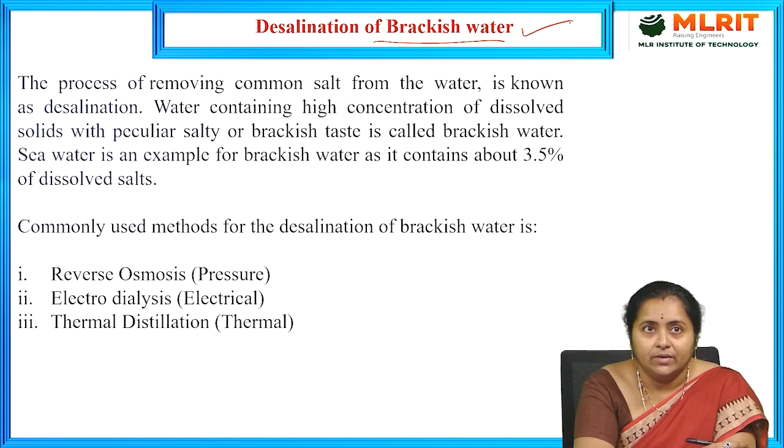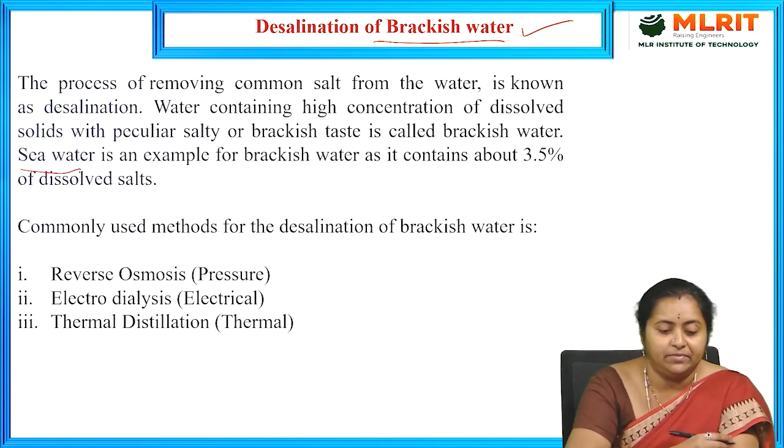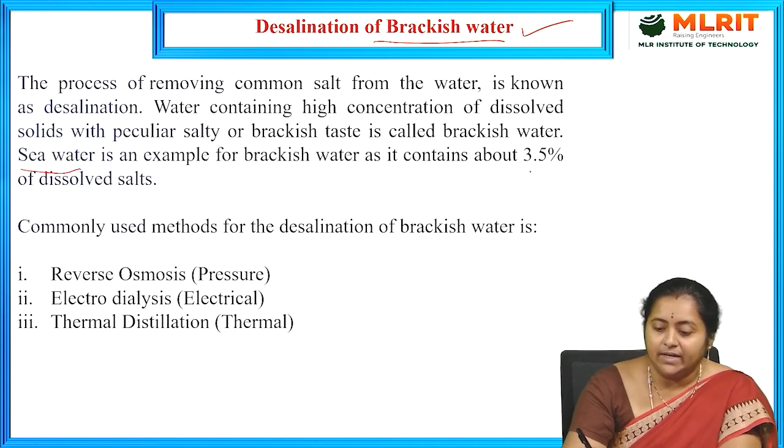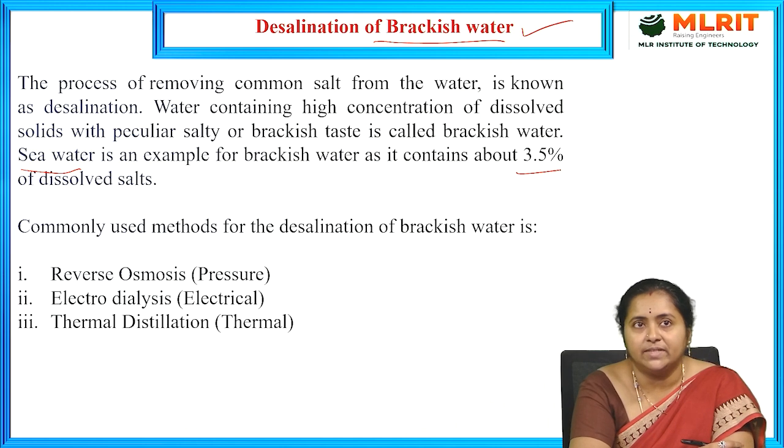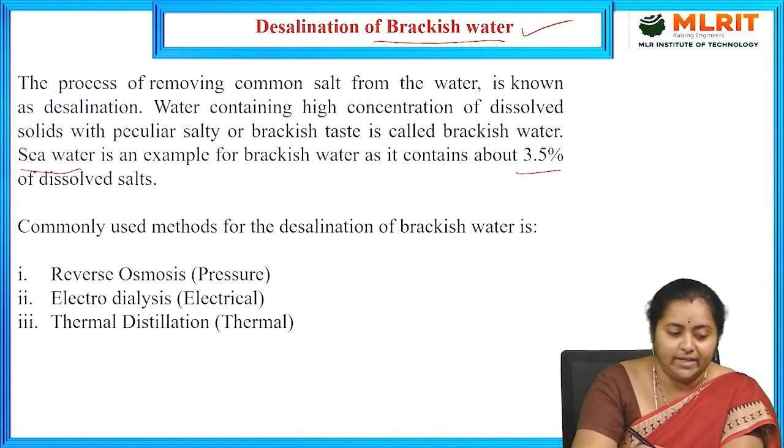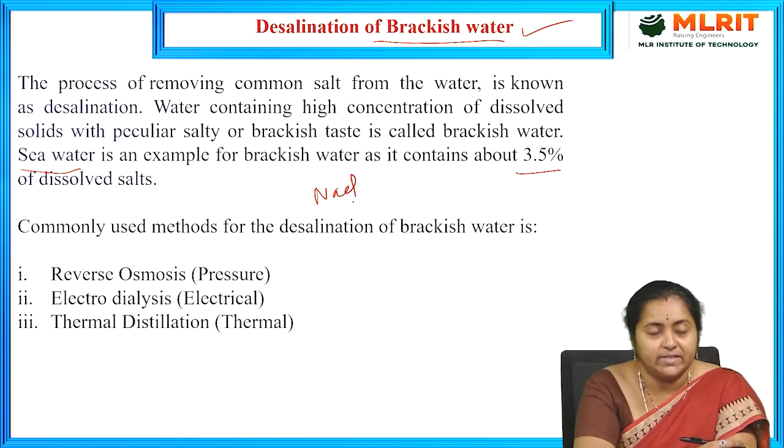Generally, we take seawater as an example of brackish water because it contains greater than 3.5% of salts present in dissolved state, especially NaCl. NaCl is present at more than 3.5% in seawater.